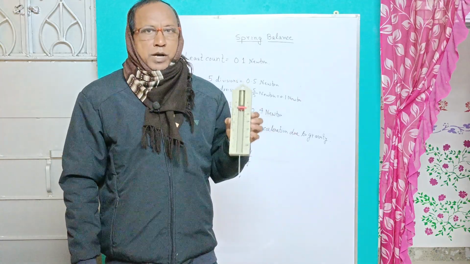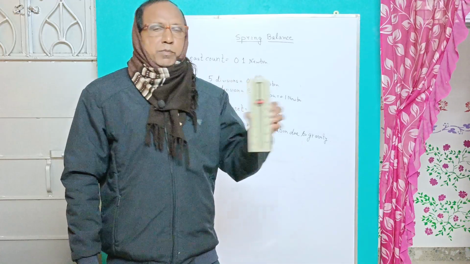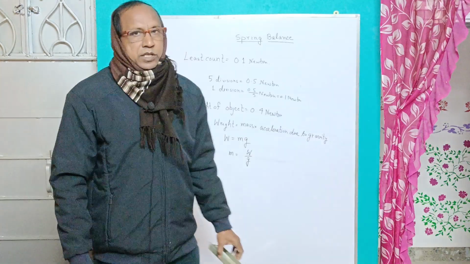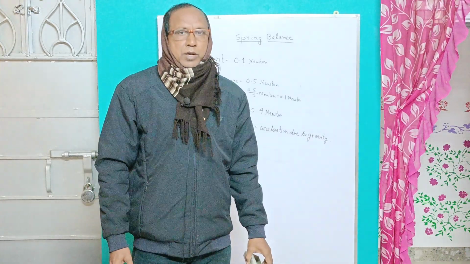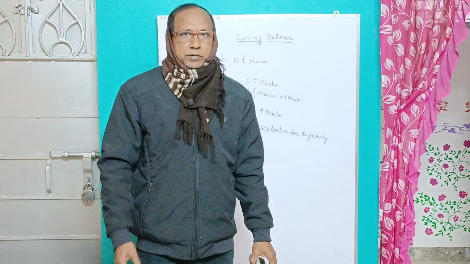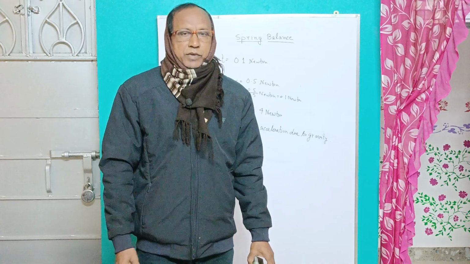And the mass is constant everywhere, but the weight differs from place to place due to the g factor, that is acceleration due to gravity. Because the acceleration due to gravity is different from one planet to another, therefore the weight will differ from one planet to that of others.